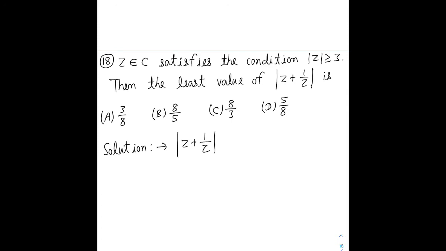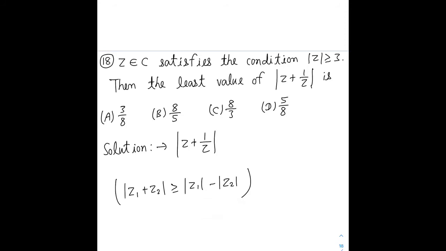We know that there is a property in complex numbers which says that mod of z1 plus z2 is always greater than equal to mod z1 minus mod z2. In fact, usually we put a mod on that as well, because sometimes if you get a negative value you can make it positive by putting the mod. Or you can just keep it like this also, that is fine.